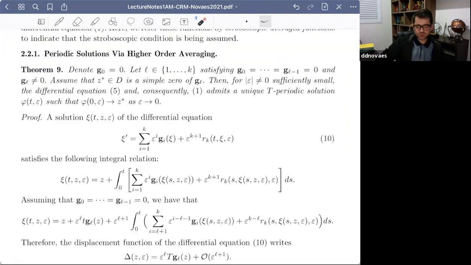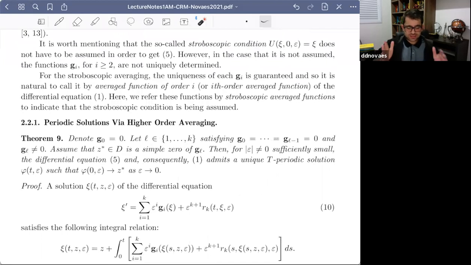Okay, so summarizing, the averaging method provides a transformation that conjugates a non-autonomous differential equation to another non-autonomous differential equation, but the dependence on t only appears in the remainder. Sorry, I said solution earlier.